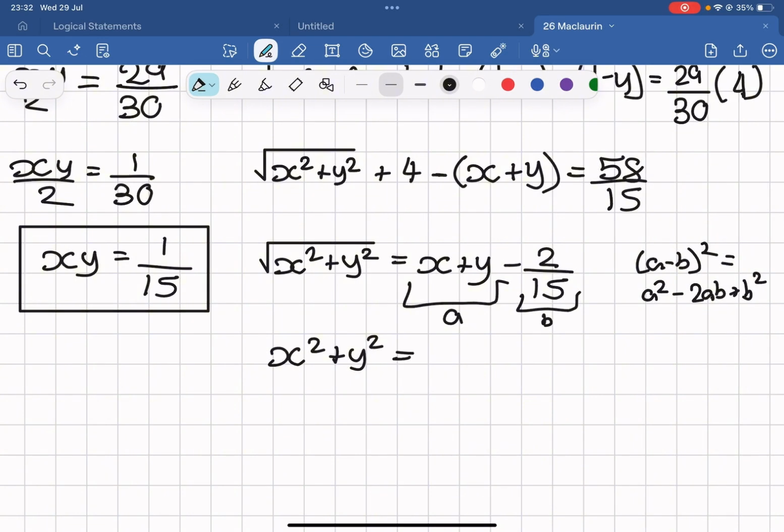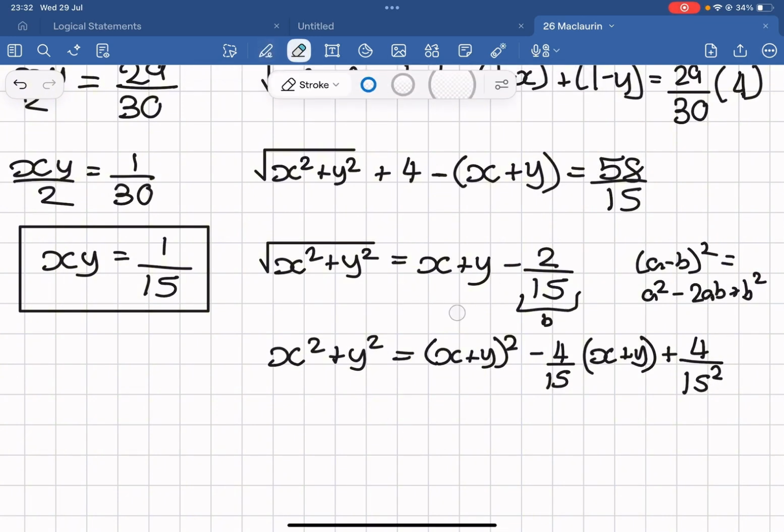And that equals, well, a squared is just x plus y all squared, minus 2ab, so we have minus 4 over 15, that's 2 times 2 over 15, times our a, which is x plus y, plus b squared, so that's 4 over 15 squared. We'll just leave it as a square.